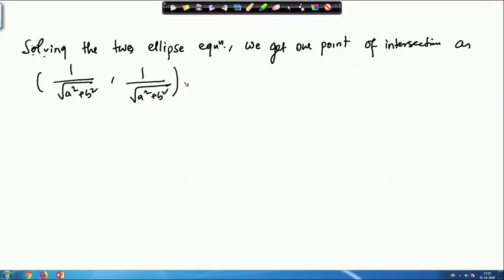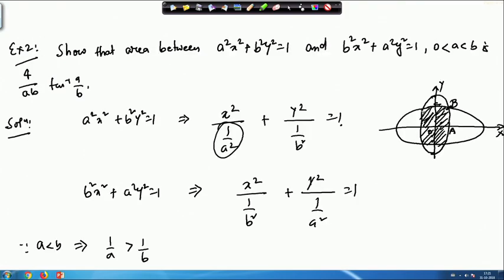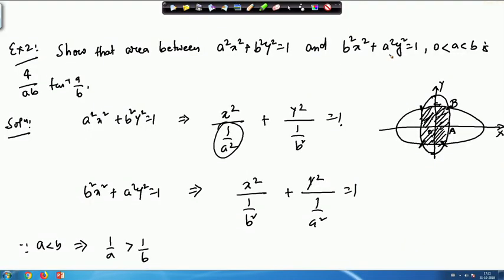These are the one point of intersection of these two ellipses. Similarly, we will get the point of intersection of this point, and of this point. If you solve these two equations, it will surely give you 4 different points of intersection, because once you substitute the value of x here, you get 2 values of y, positive and negative.